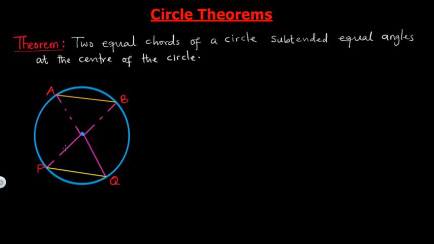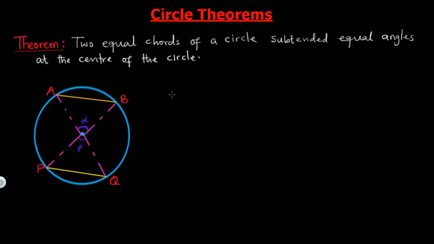So let's look at this angle. If we call this angle alpha, and this angle beta, that means they are equal.